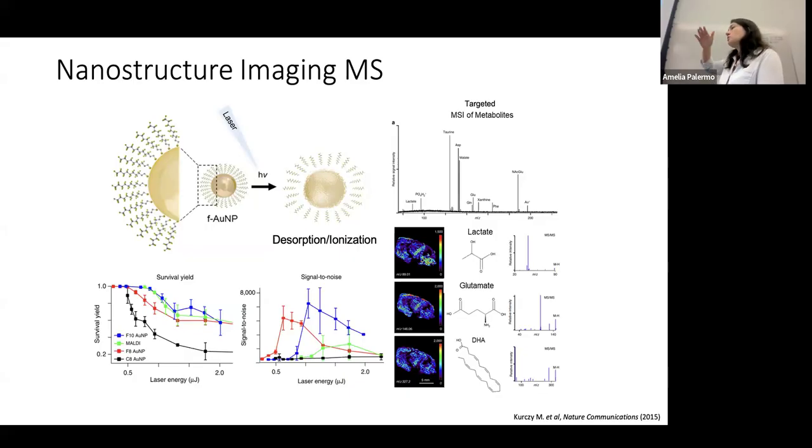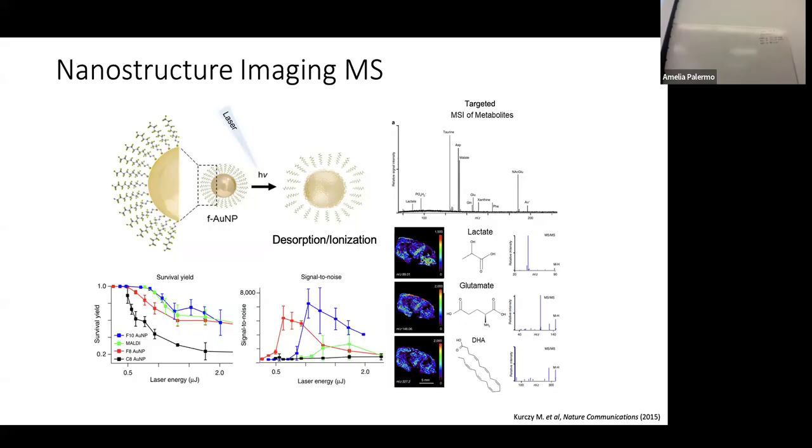So the energy goes from the laser to the gold nanoparticle, transfers to the surface, and releases those chains of perfluorinated chains. By releasing the perfluorinated chains, that act enhances the desorption and ionization of the metabolites. The positive is that with this approach, we can measure in the small molecule range with way less noise than using a classic MALDI matrix, and we can go to ultra-sensitive levels.